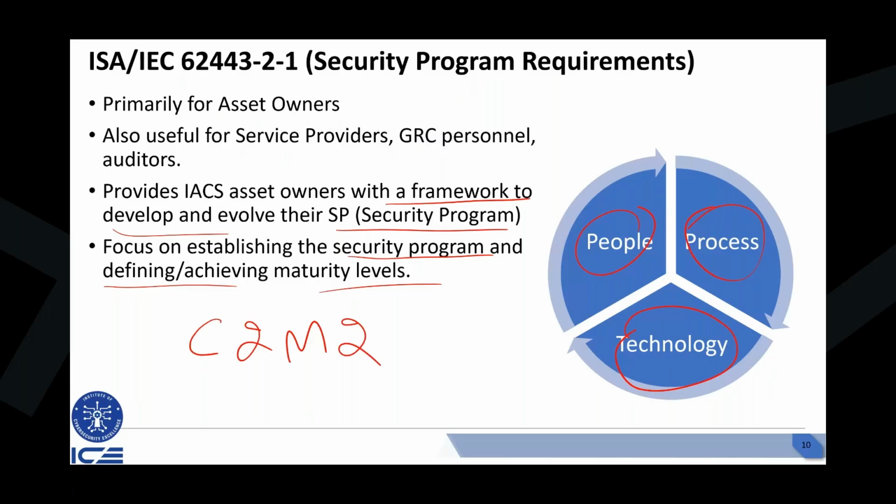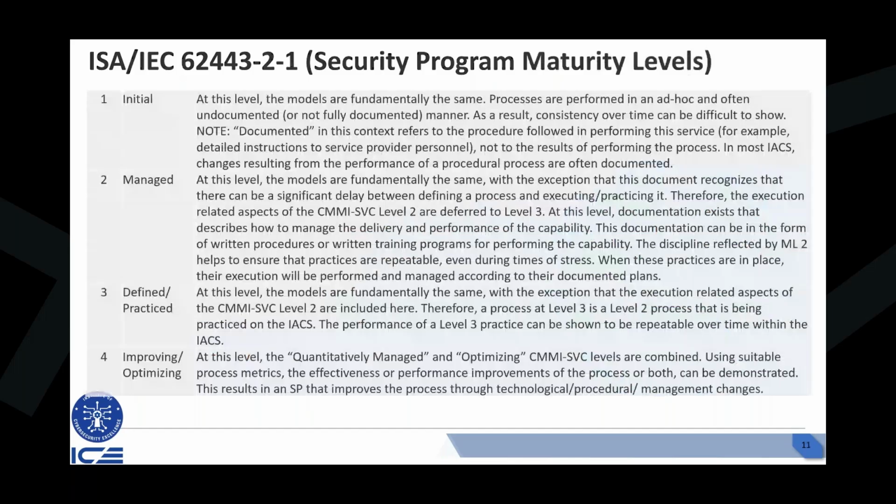The idea is that you have to measure your cybersecurity based on how mature your organization is, not just based on how many firewalls you have implemented and how many antivirus software, IDS, SIEM and SOC you have. So ISA has adopted, with the 62443-2-1, the same concept of maturity levels, which we define over here. On this screen, you don't have to read all these details, but just understand the concept of maturity levels.